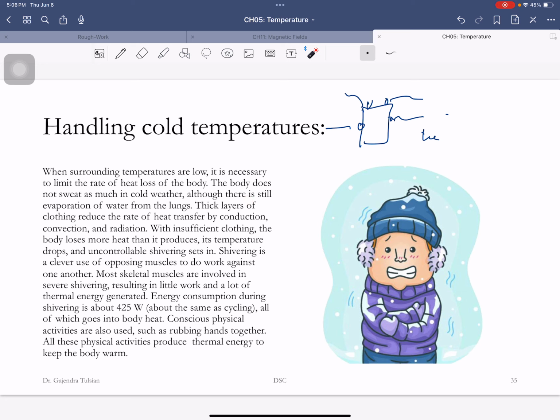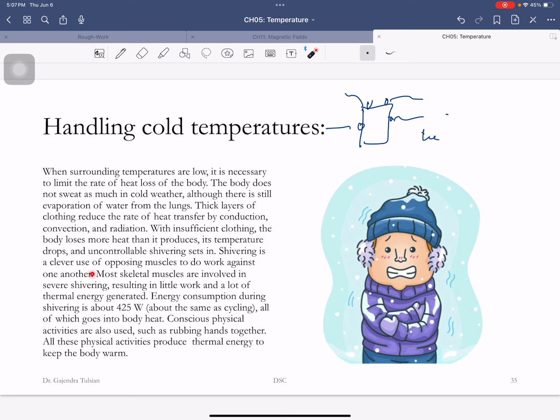Thick layers of clothing reduce the rate of heat transfer by conduction, convection, and radiation. Now, if you weren't wearing enough clothing and your temperature is starting to drop, then uncontrollable shivering sets in. Shivering is a clever use of opposing muscles to do work against one another, so the net efficiency is very low, meaning you're not really doing any work.